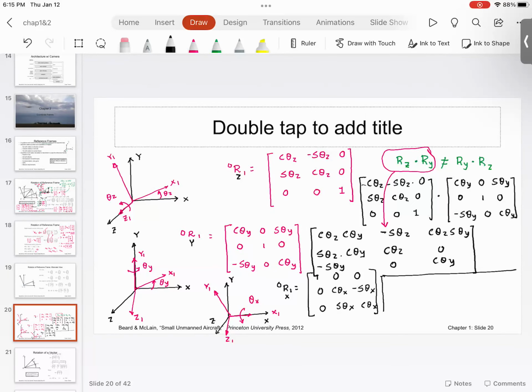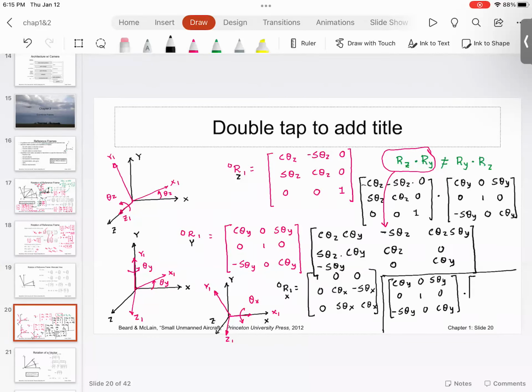So now what I'm doing is cosine theta y, 0, sine theta y, 0, 1, 0, minus sine theta y, 0, cosine theta y.